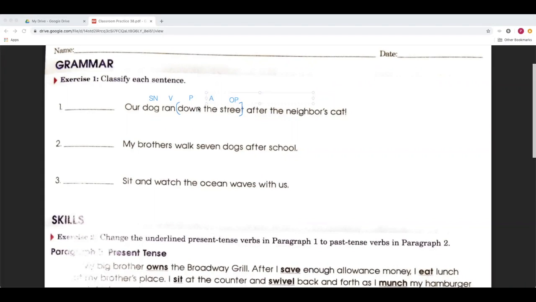A is always an article adjective. After is another preposition. After what? Cat. So cat is the object of the preposition. It's where our prepositional phrase ends.